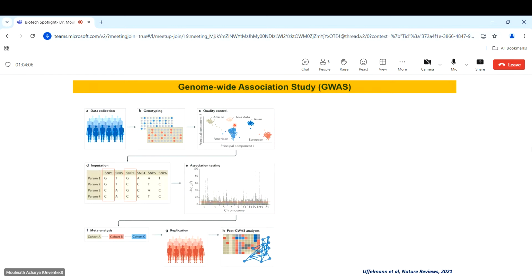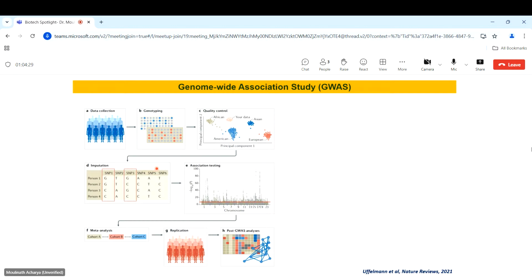So for that, we need to do quality control, which basically tells the genetic relatedness between the populations. And then we do imputation, because it's not possible to put all the SNPs in the genotyping array.